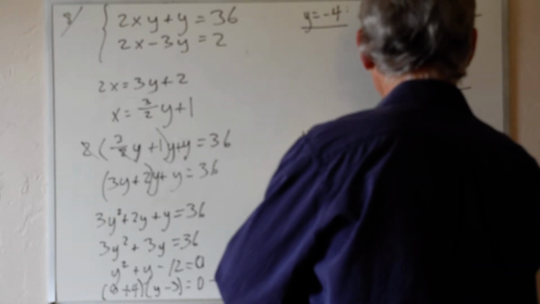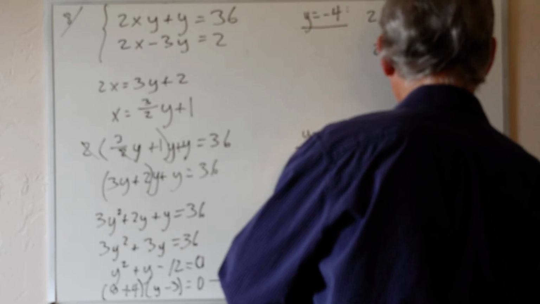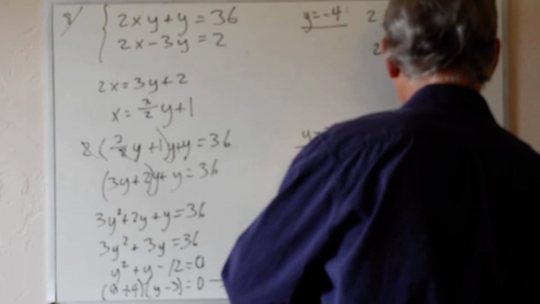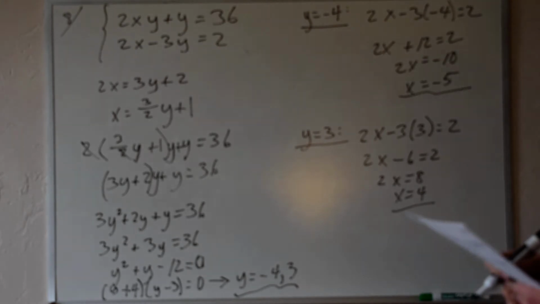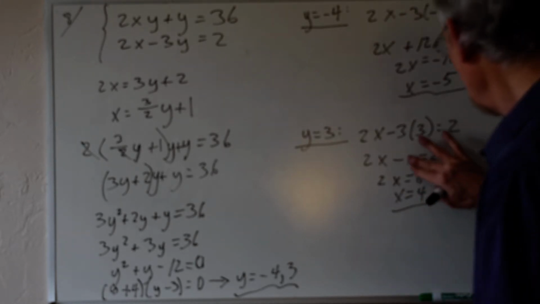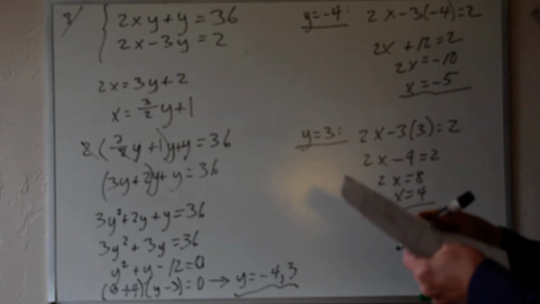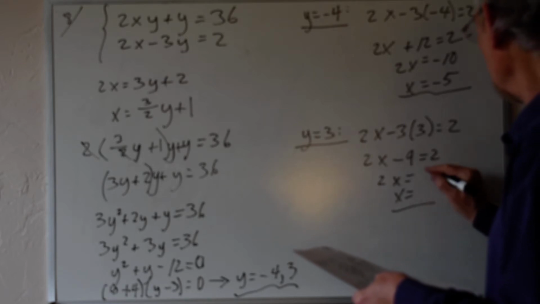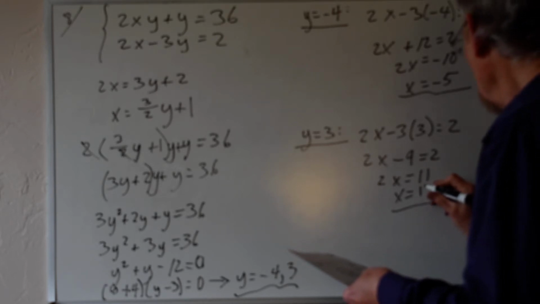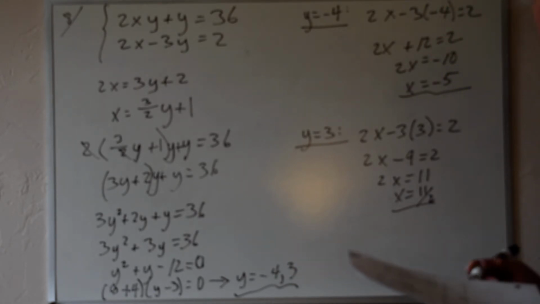So I get 2x minus 6 equals 2, 2x equals 8, x equals 4. What the heck? I'm having a terrible day doing my calculations. That's a minus 9. Okay, so 2x equals 11. So x equals 11 halves, which looks bad. Usually they don't make you deal with a messy fraction like that.